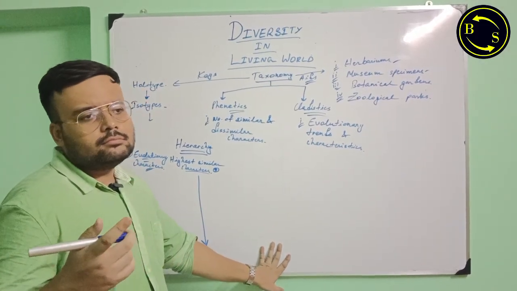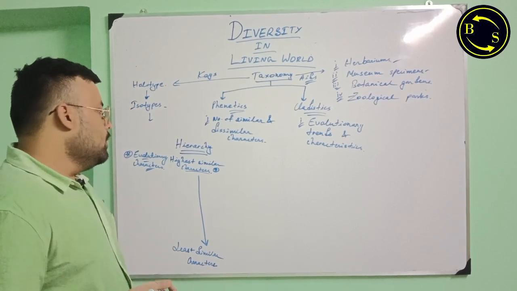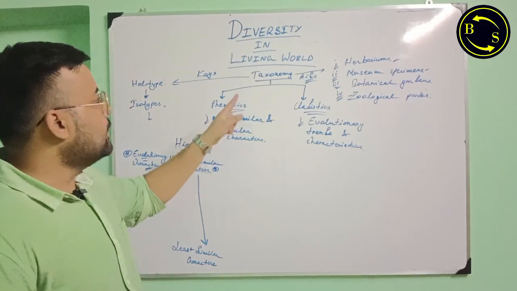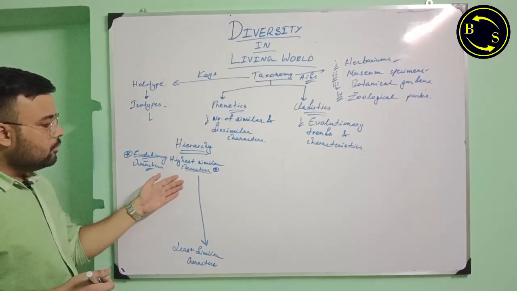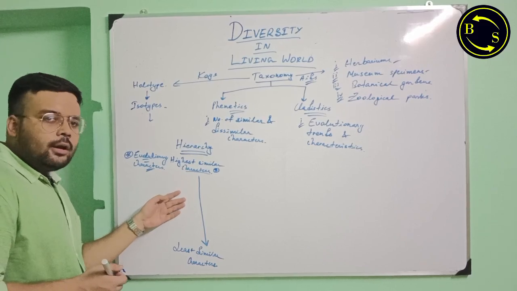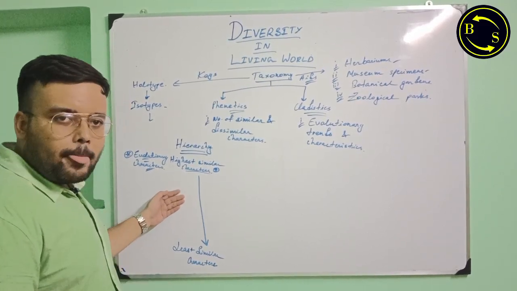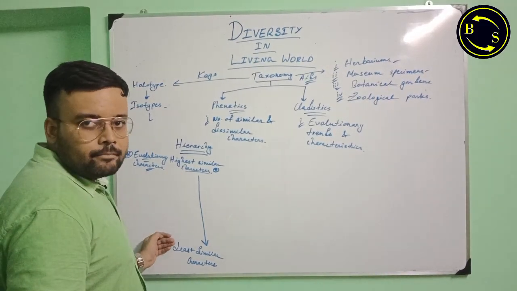Suppose we take a dog, right? To classify a dog in terms of taxonomic aids, we need to assess all the evolutionary characteristics of the dog or the group of dogs based on the hierarchy system.